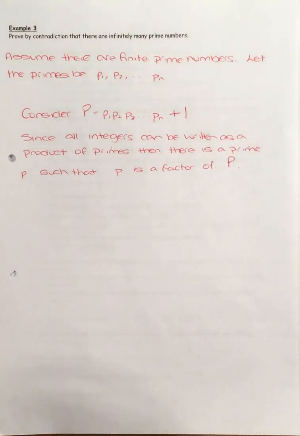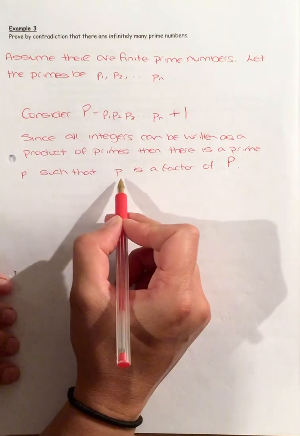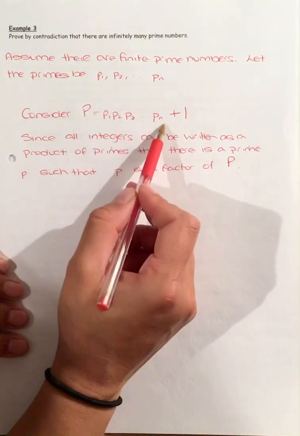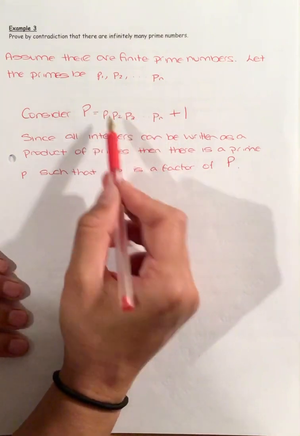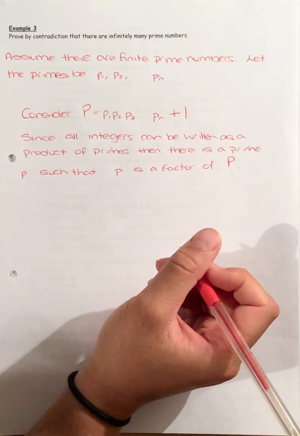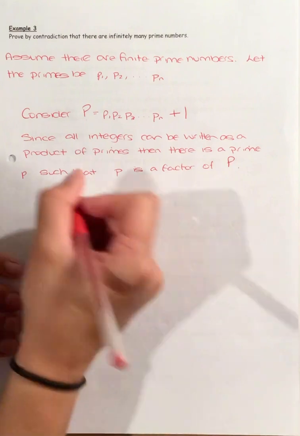So little p is a factor of this big P, which is all the primes multiplied together with 1 added on to it. Now that must be a factor of the product of all of the primes, because p is a prime number, so it must be a factor of all of the primes multiplied together.